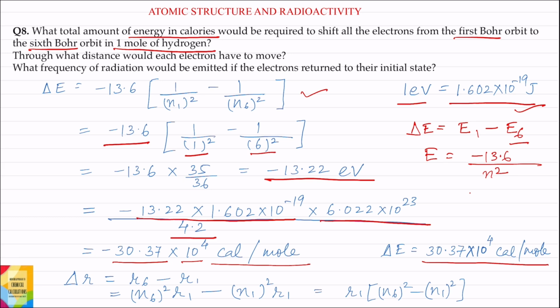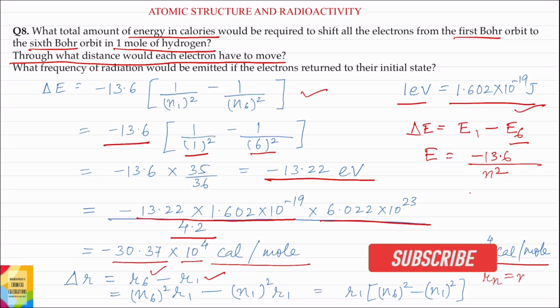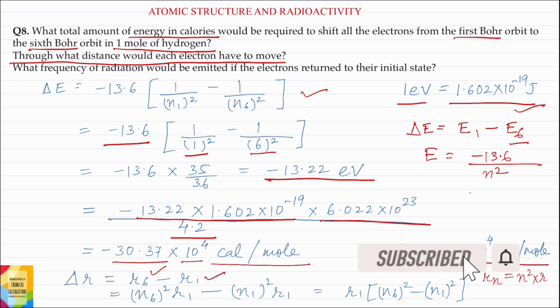Now another question is, through what distance would each electron have to move? When an electron is going from the first orbit to the sixth orbit, we will just subtract the radius of the first orbit from the radius of the sixth orbit. The formula for the radius of any nth orbit is Rn equal to n square into R1.